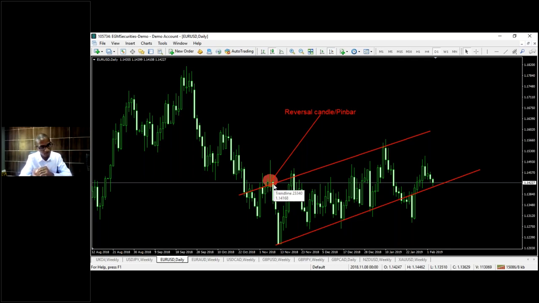But then the formation of this pin bar is not a confirmation to take the trade or to jump into the markets. And therefore, I'm going to highlight the confirmation. If you're trading such a channel and you're on the upper boundary or even at the lower boundary and such a price action candlestick happens, a pin bar, then you always have to wait.